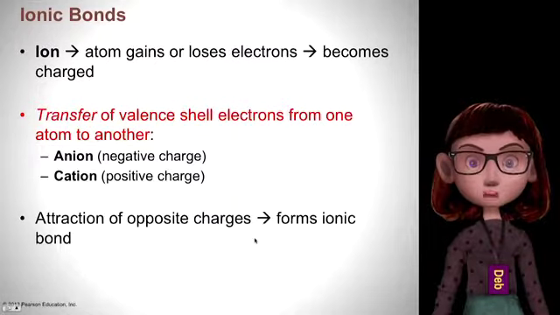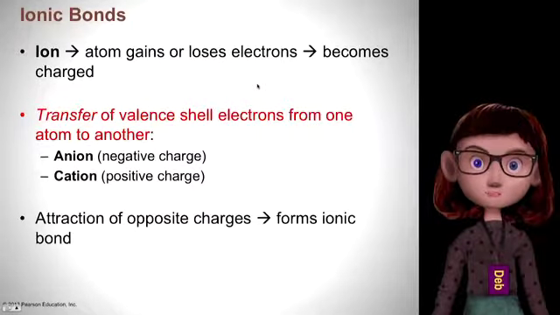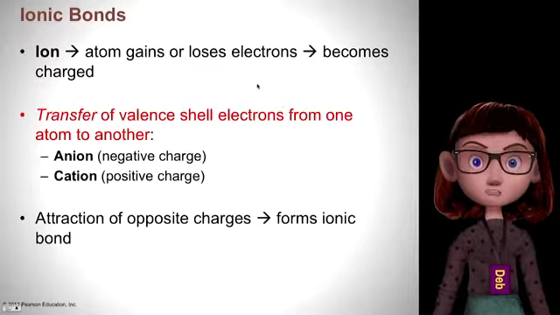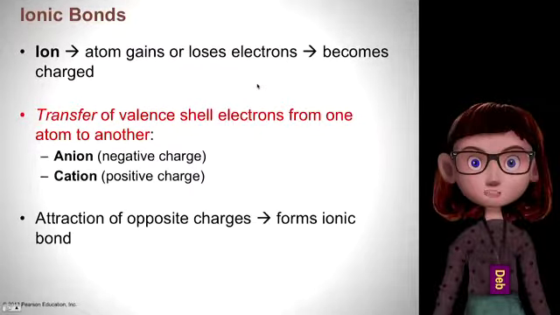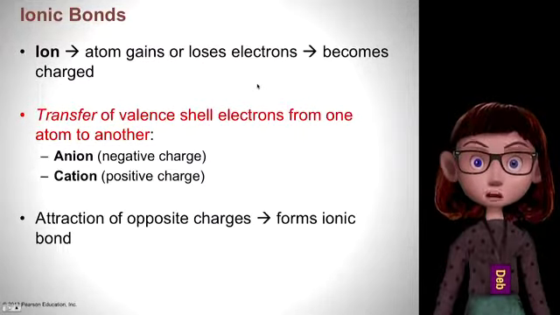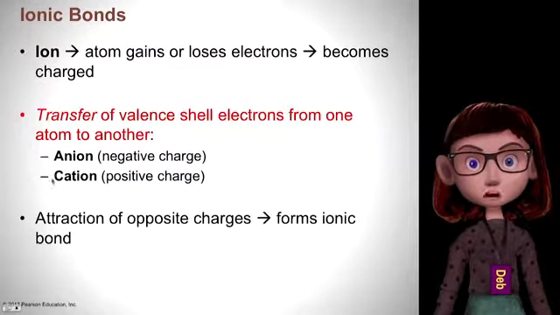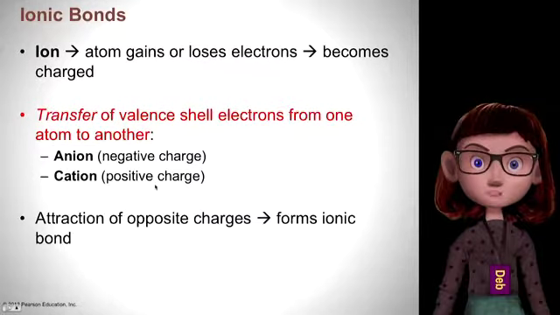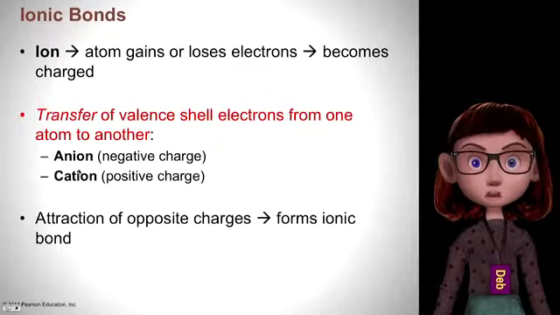An ion results when an atom gains or loses an electron or electrons. As a result of that, it becomes charged. If it gains an electron, it will have a net negative charge. If it loses an electron, remember electrons are negatively charged, that particle will now have a positive charge. So the transfer of a valence shell electron from one atom to another will result in an anion, and that would be the atom that gains the electron.